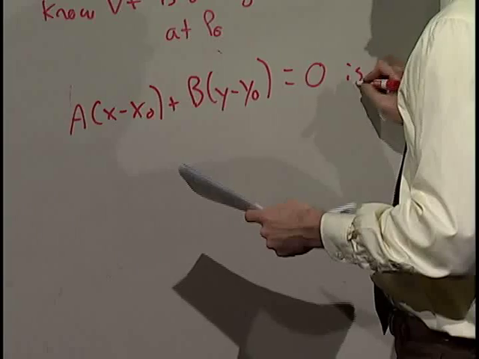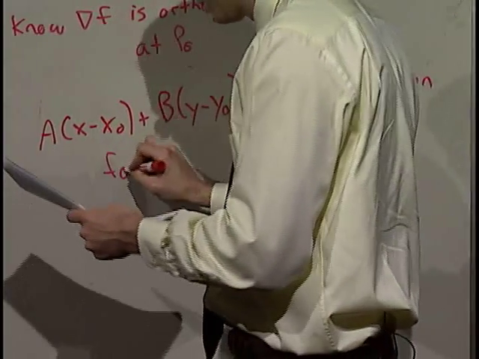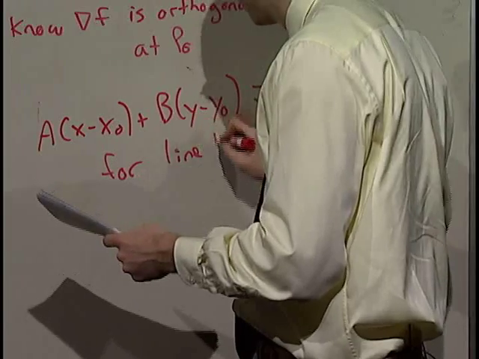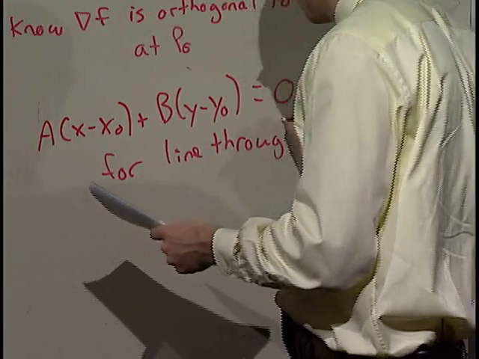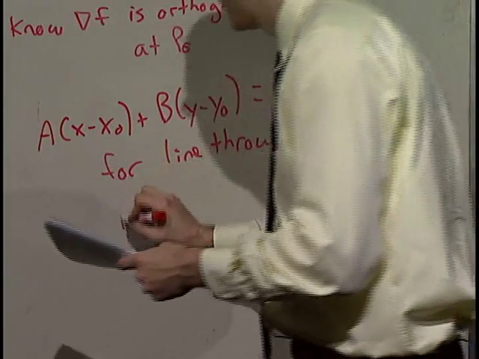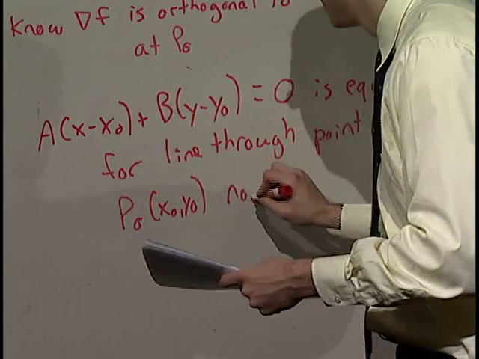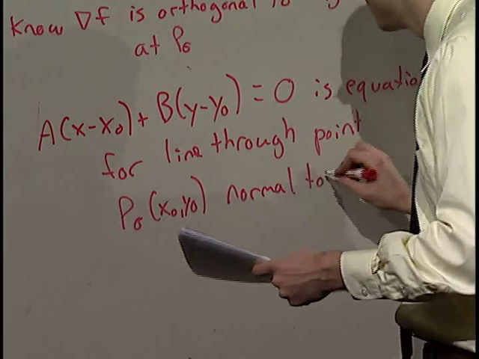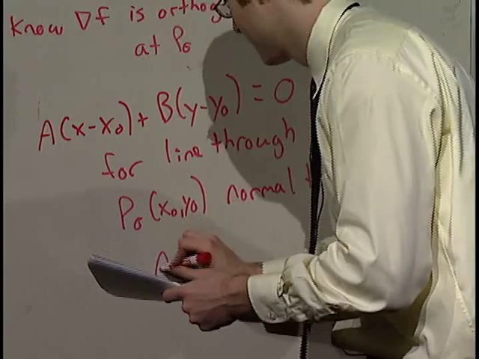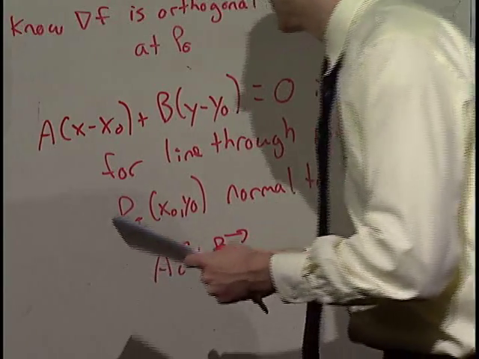So this is the equation for the line through the point P naught, x naught, y naught, normal to the vector ai plus bj, right?